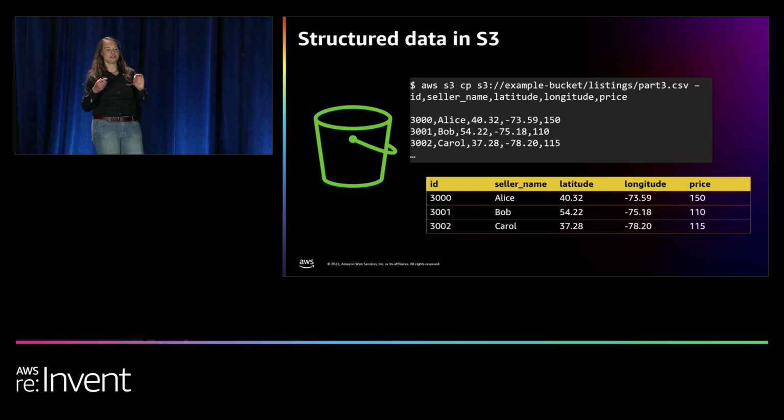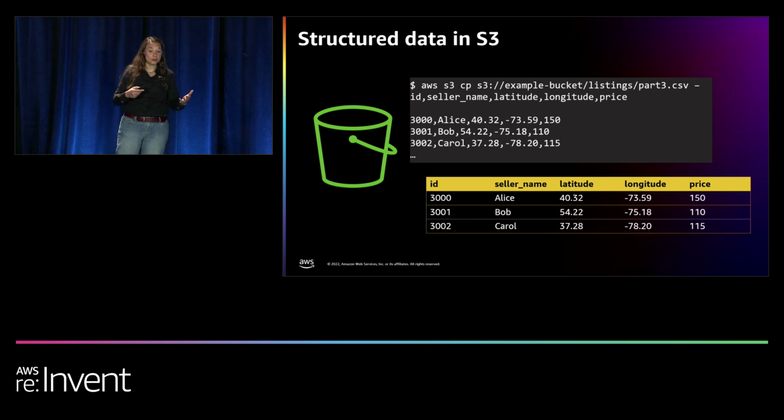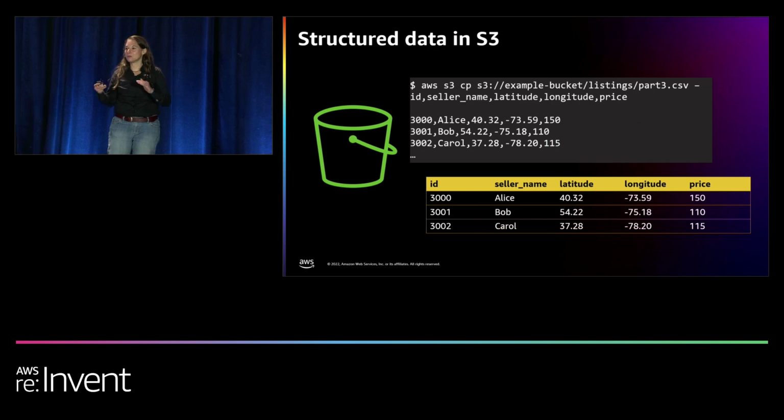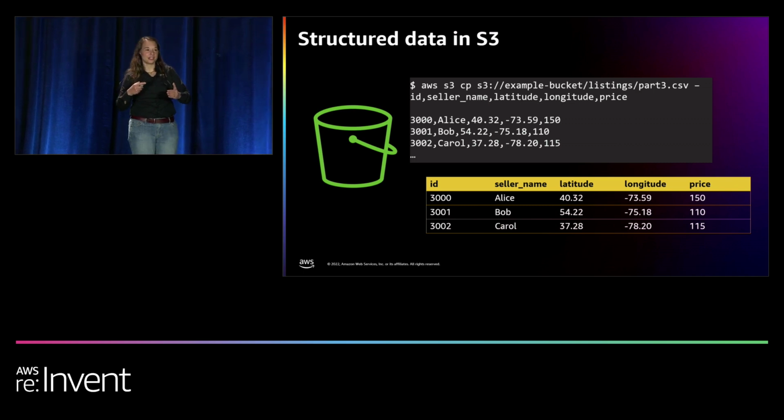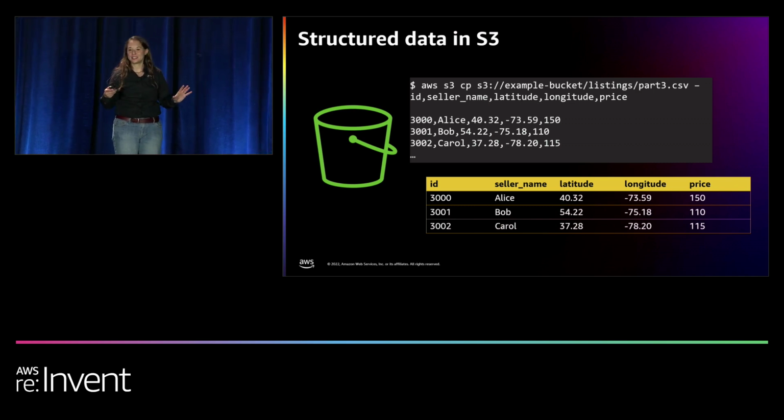Now, if you think of your data in S3 in terms of schema, in terms of tables and columns and rows, your interface to the data, until now we've been talking about applications whose interface to the data in S3 is get object and put object. It's reading data on the object level. And if we're going to talk about any sort of organization scheme, we're talking about wildcards and prefixes and slashes and object names.